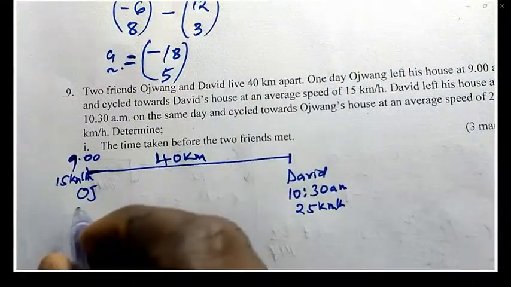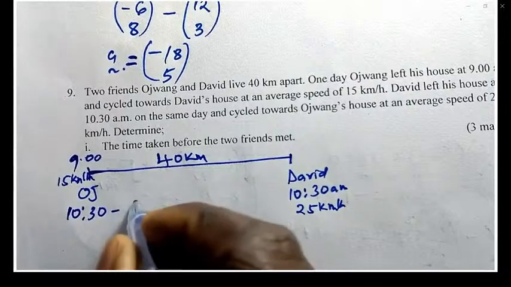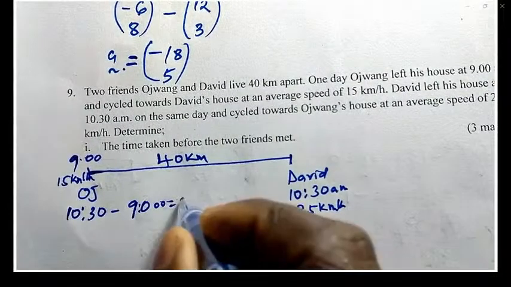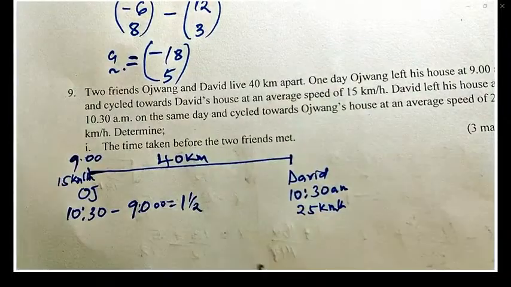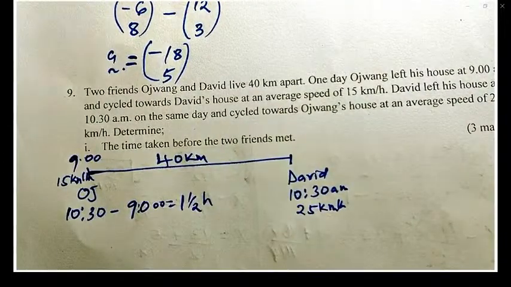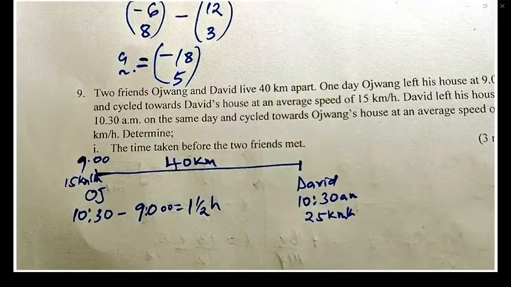The time difference is 10:30 minus 9. We see that there is 1.5 hours that Ojuang had cycled before David started his journey.